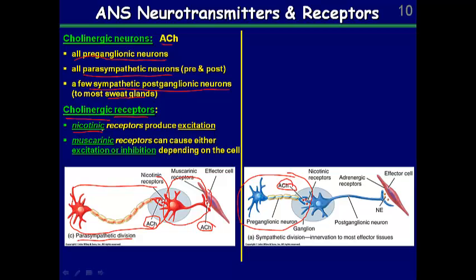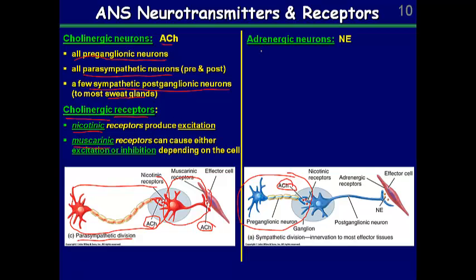So that's just how they have classified these. A lot of times nicotine will stimulate nicotinic receptors in the body, and this toxin in poisonous mushrooms stimulates muscarinic receptors.